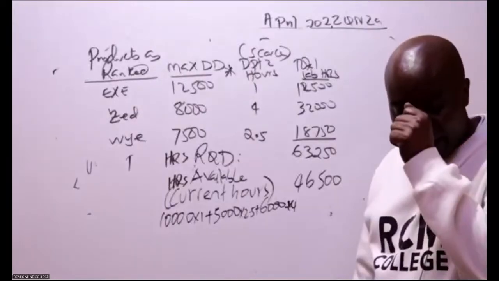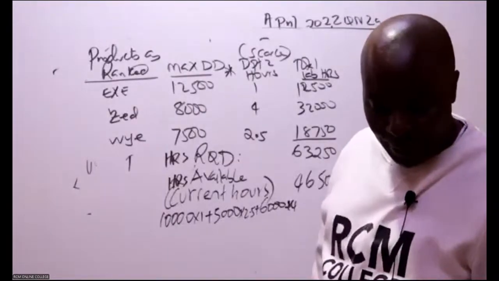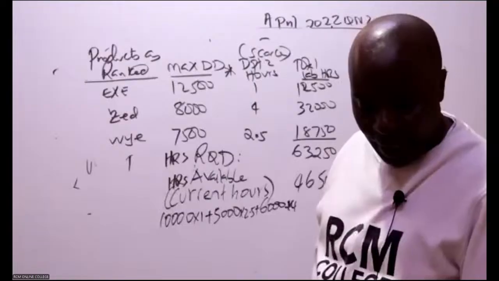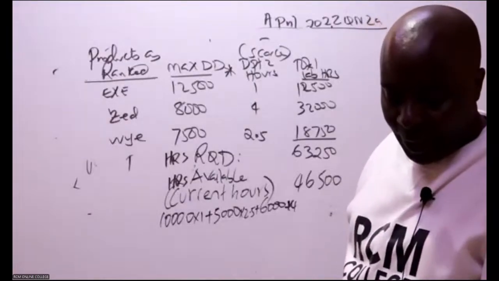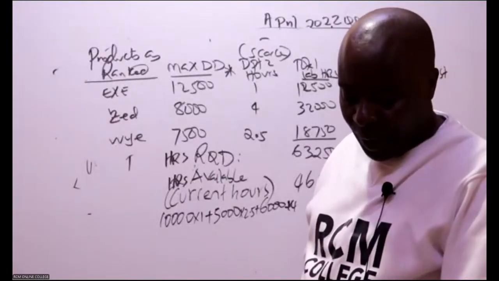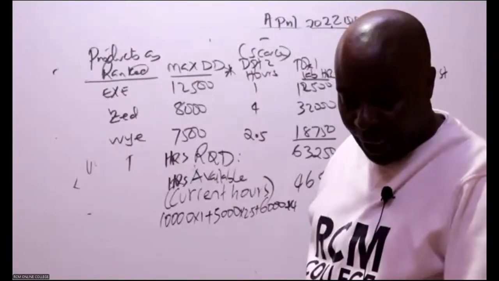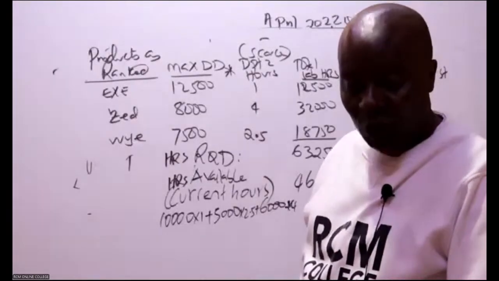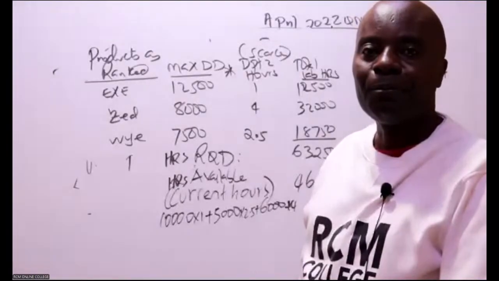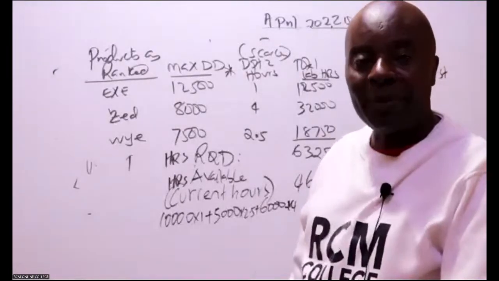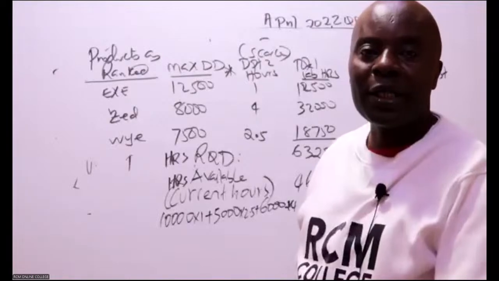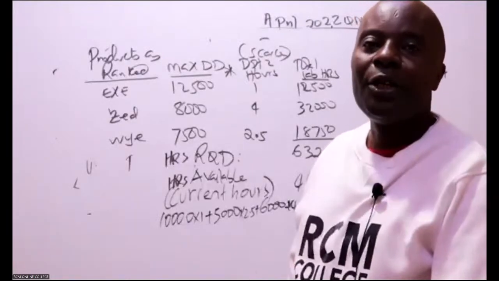Then in note number 2, that's where they have laid bare what is expected of us. There is a shortage of labor in Department 2, and it's not possible to increase labor input beyond the level currently utilized. So how many Department 2 labor hours do we currently use?